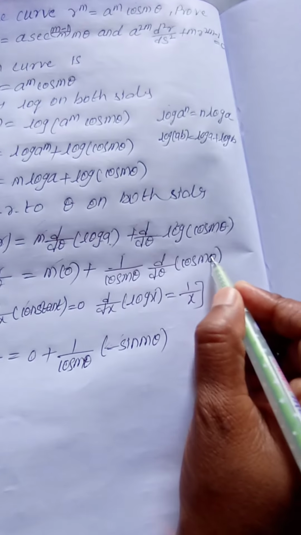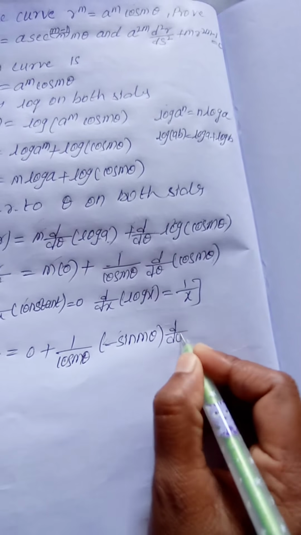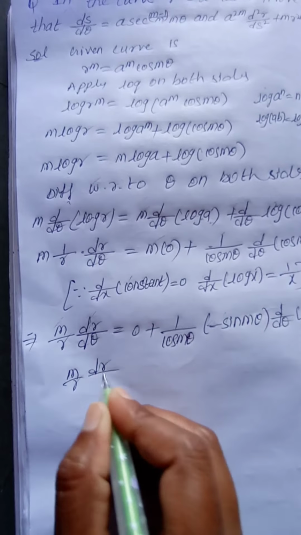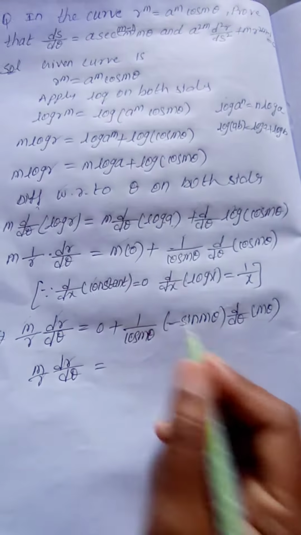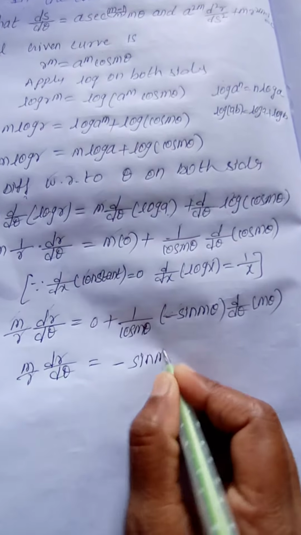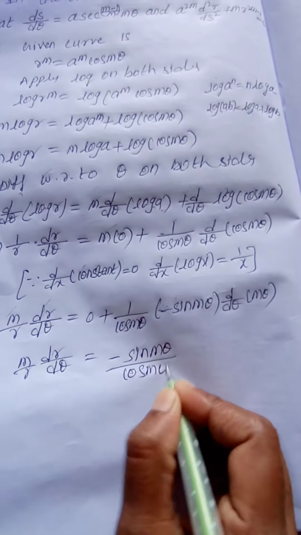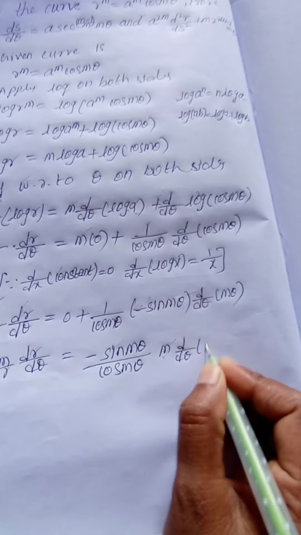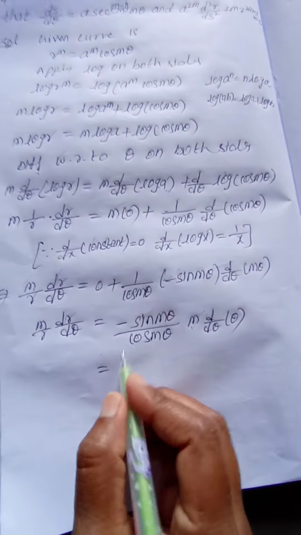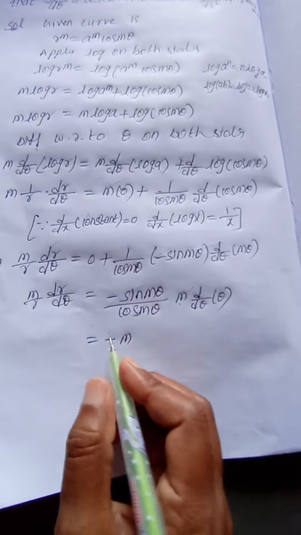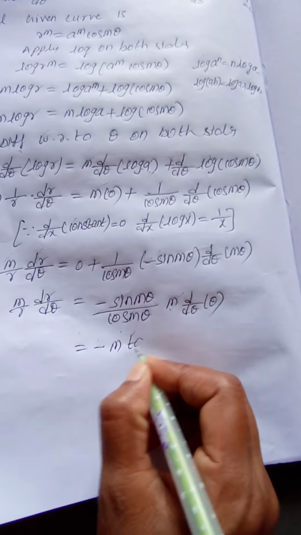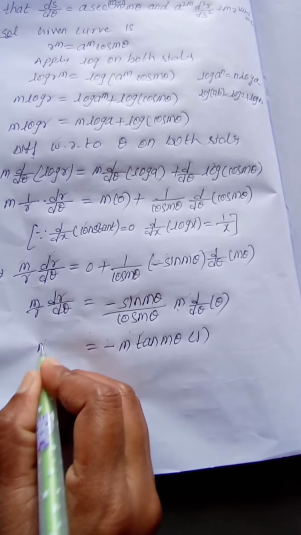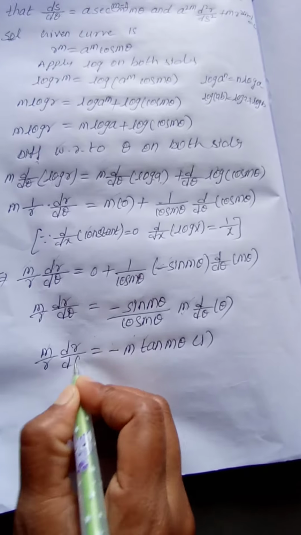Again differentiate the internal part, which is m theta. So d by d theta of m theta. This is m by r, dr by d theta equals plus into minus, minus sin m theta by cos m theta. Where m is constant, differentiate theta: d by d theta of theta is 1. Sin by cos is tan, so minus tan m theta.